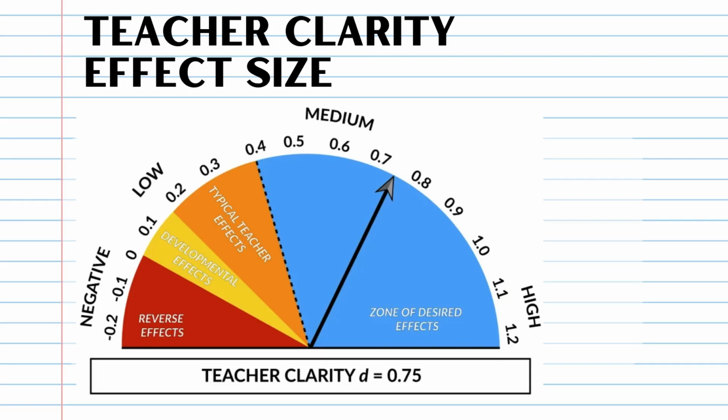So when we look at teacher clarity and we see that it has an effect size of 0.75, what that translates to is an understanding that if teachers implement the components of teacher clarity within their classrooms, we will see a growth or an increase in student outcomes equivalent to almost 2 years of growth.